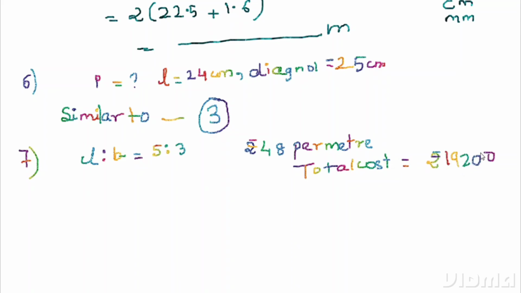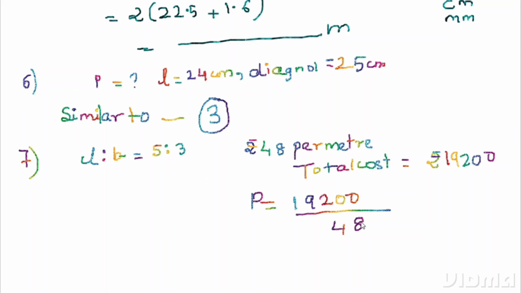So how can I find the perimeter? Perimeter will be the total cost divided by the per meter cost.